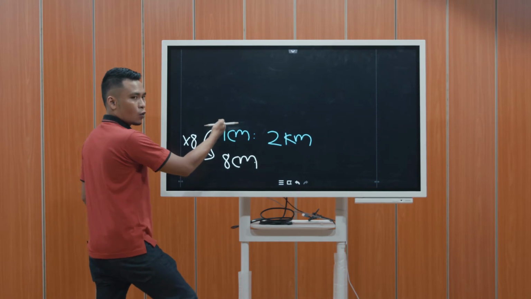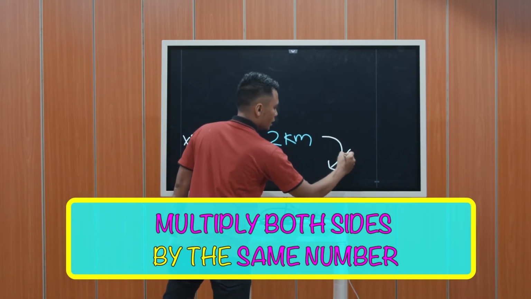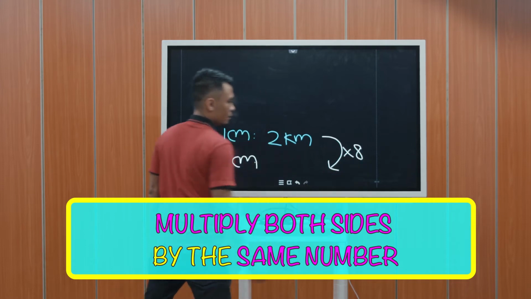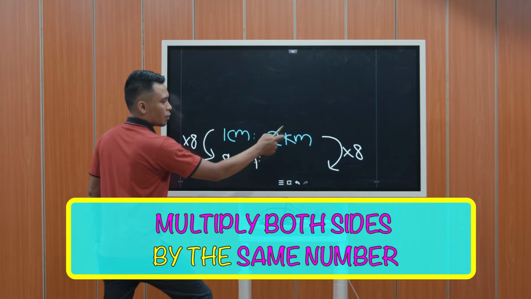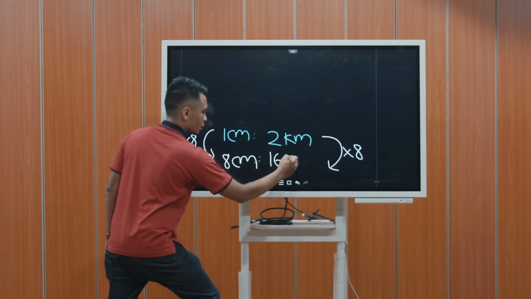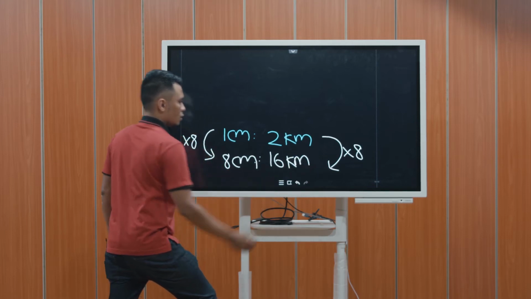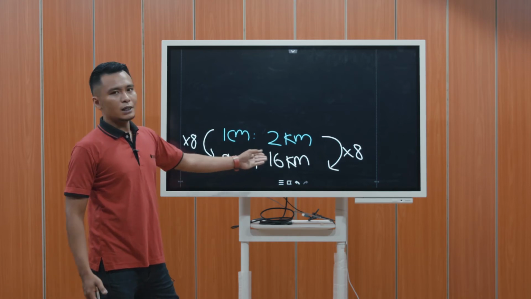If I multiply one side by 8, the other side I must also multiply by 8. So 2 multiplied by 8, I will get 16 kilometers. So the distance from Pasir Ris to Jurong is 16 kilometers.